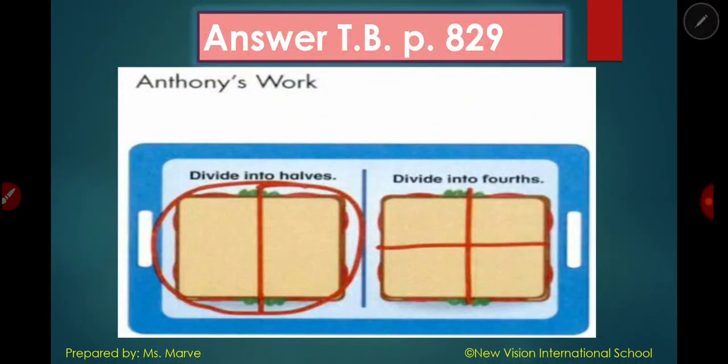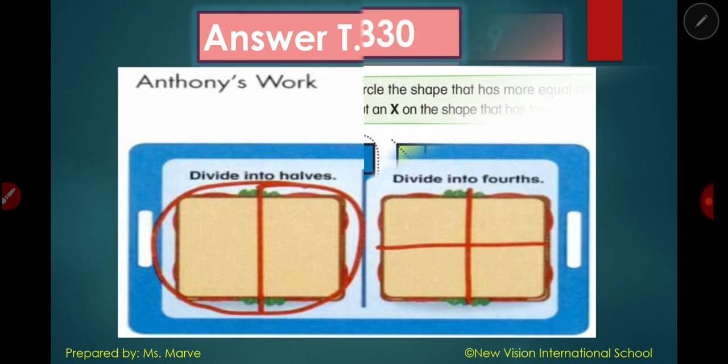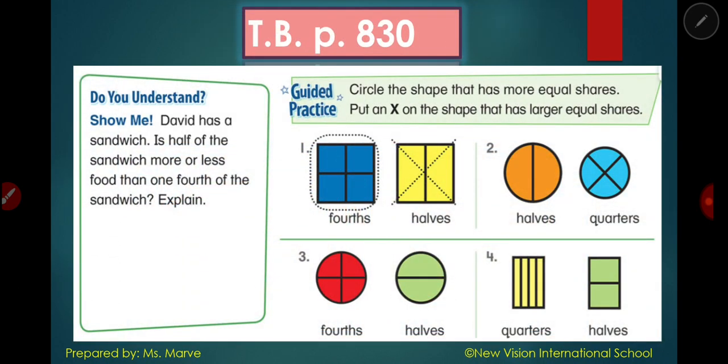You can pause the video so you can write the answer in your book properly. So let's move on. Let's go to page 830. On 830, there is a question there.